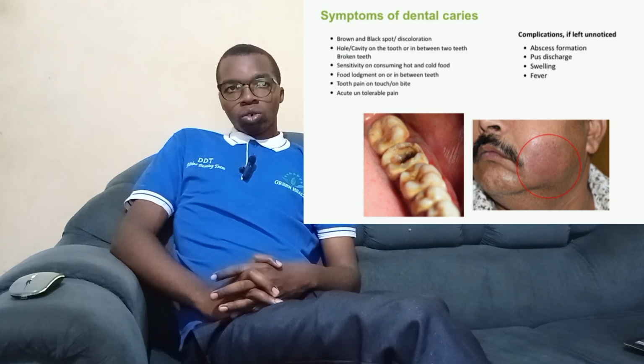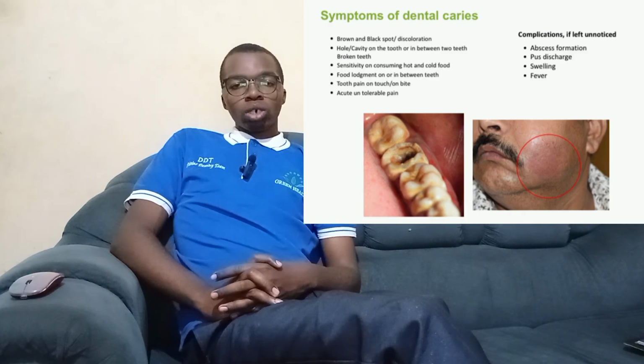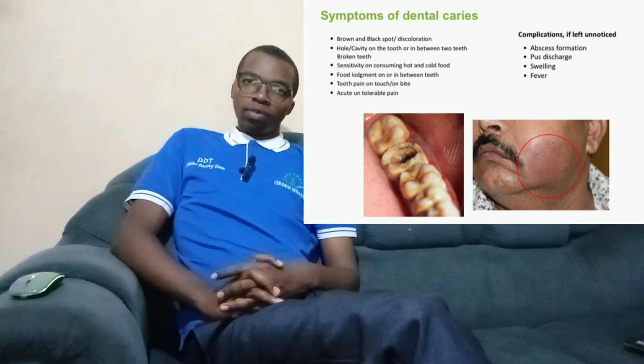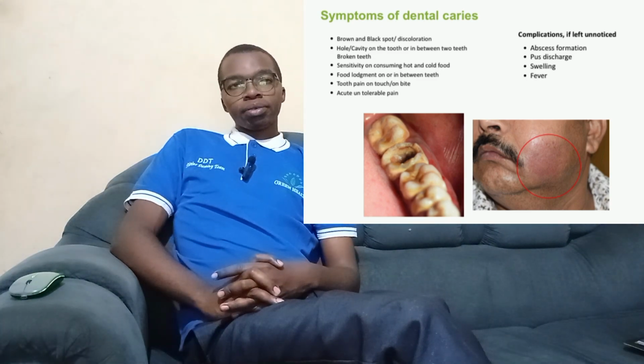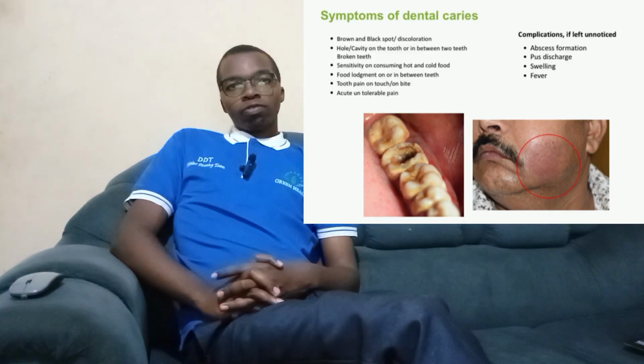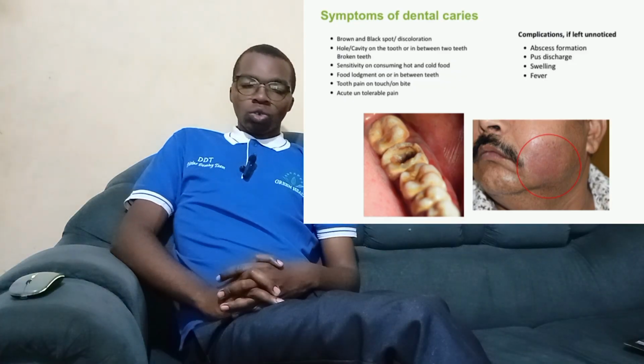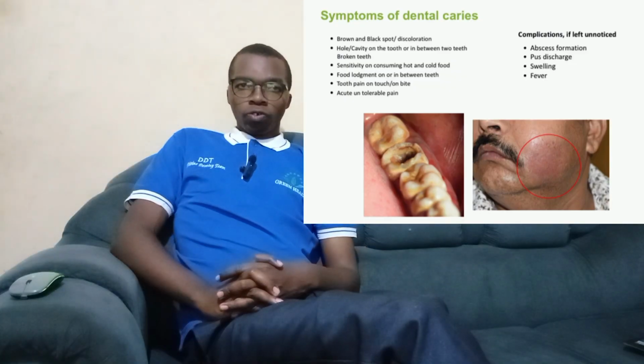Tooth pain on touch or on bite. We have acute intolerable pain, and the complications, if left unnoticed, we have abscess formation, we have pus discharge, there is also swelling, and also fever.